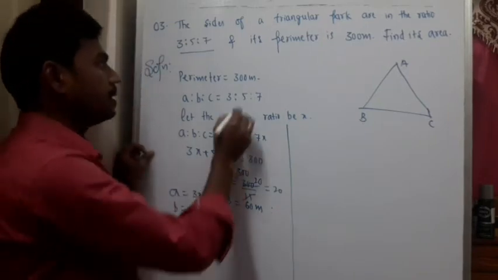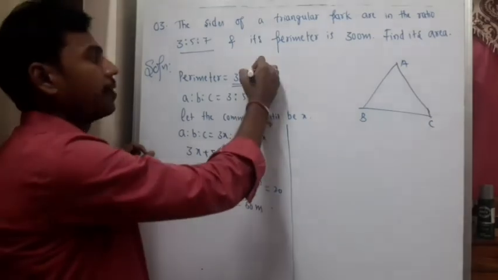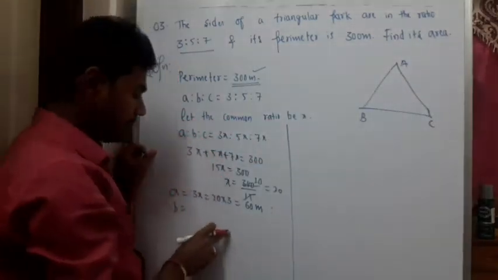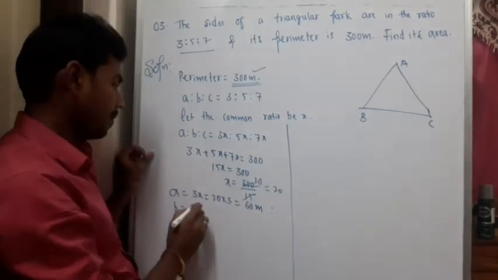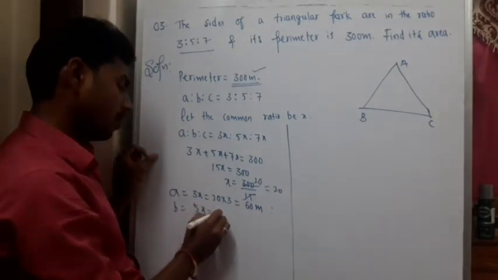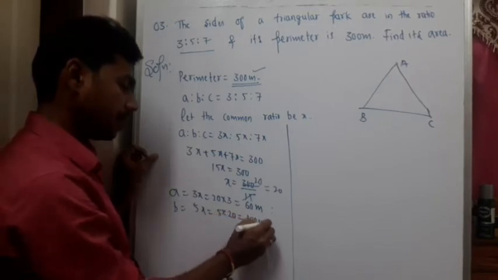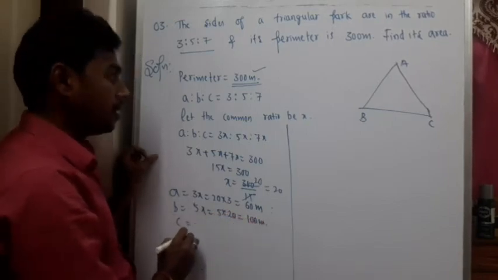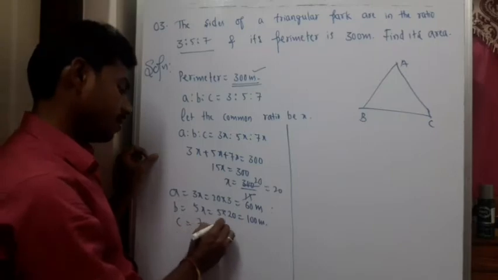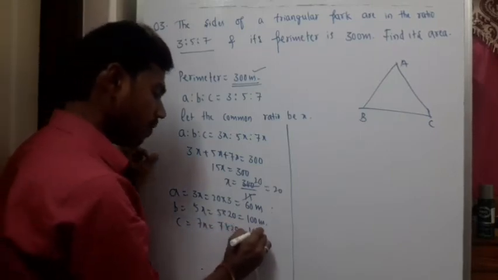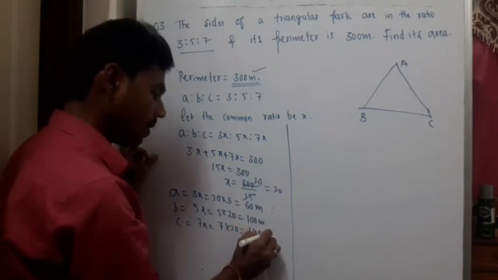B, because the unit they have given already, all the sides are in meter, so that is 60 meter. Next 5x, b is equal to 5x, 5 into 20, which is equal to 100 meter. Next c, 7x, which is equal to 7 into 20, which is 140 meter.